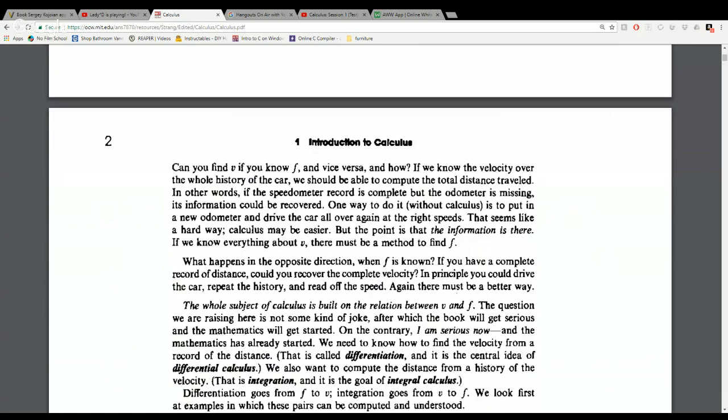So what happens in the opposite direction when F is known? If you have a complete record of the distance traveled, could you recover the complete velocity record? In principle, you could drive the car, repeat the history, and read off the speed.